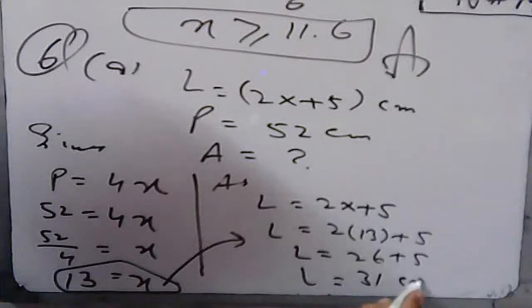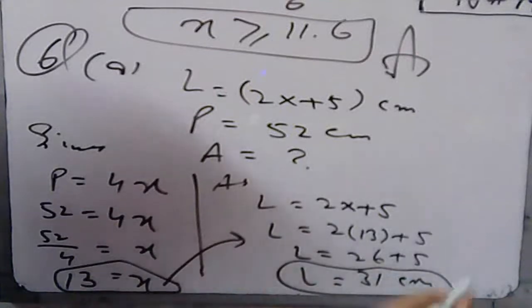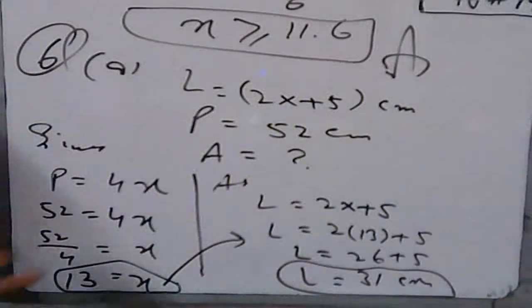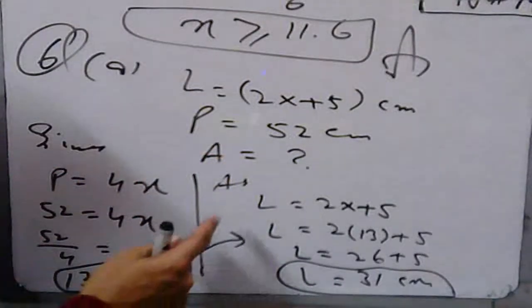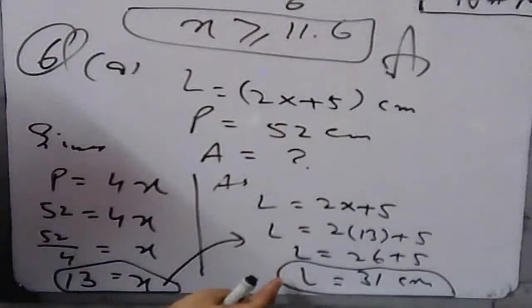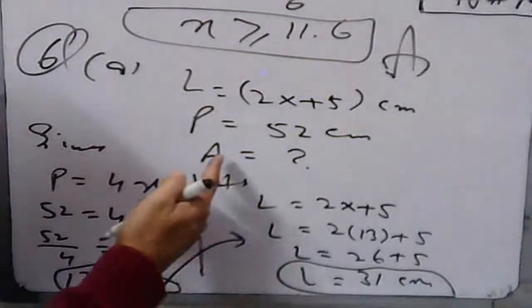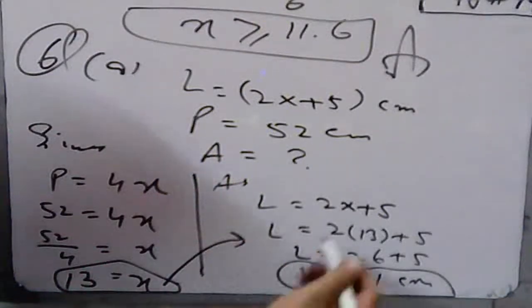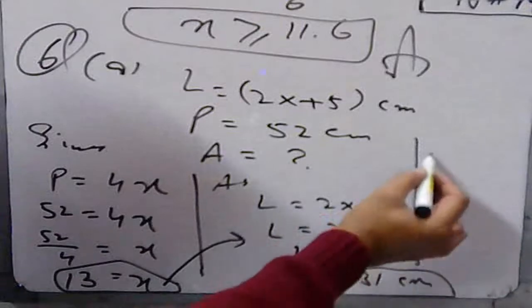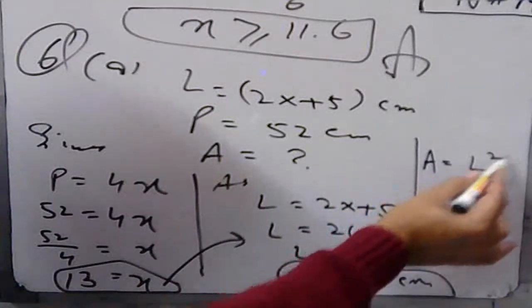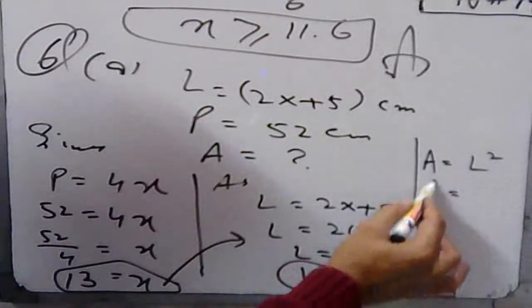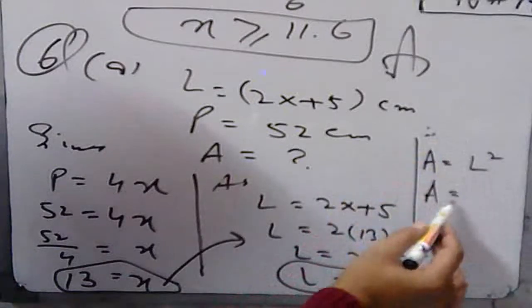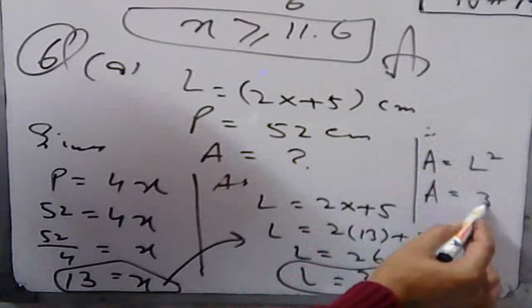So the value of L is 31. So with the help of this given parameter we have to find the value of x. Then we have used it in the given length, so we have to find the area of a square. So you know the area of a square is equal to L square, so we have L here, that's why we can easily find the area of a square.